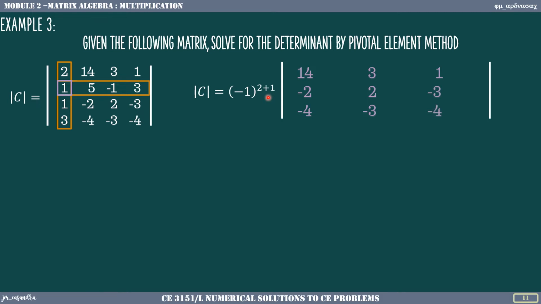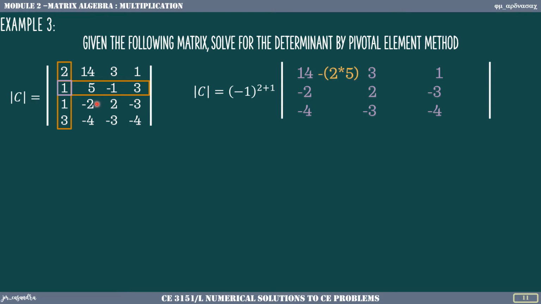Okay, so same process, we subtract the product of the elements that would be found along the same row and same column of the eliminated row and column. Okay, so for 14, that will be minus 2 times 5.